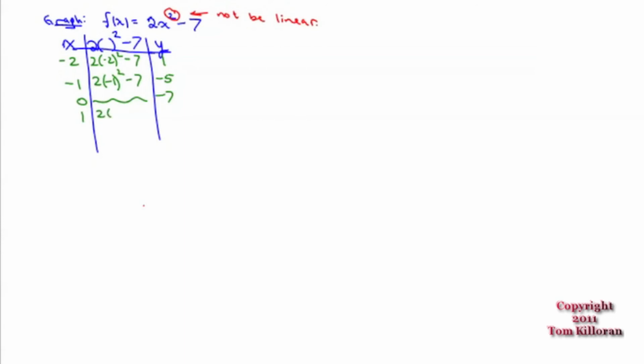That would be 2 times 1 squared minus 7, better known as -5. 2? 2 times 2 squared minus 7 is equal to 1. Let's just do 3 for the fun of it. 3 squared, 2 times 9 is 18, 18 minus 7, 11. And that's enough points to graph this. I trust you.